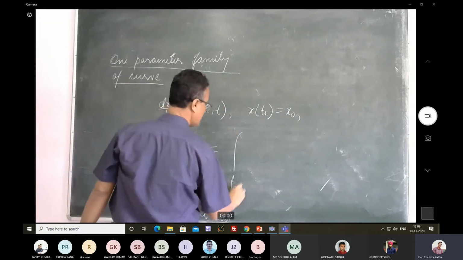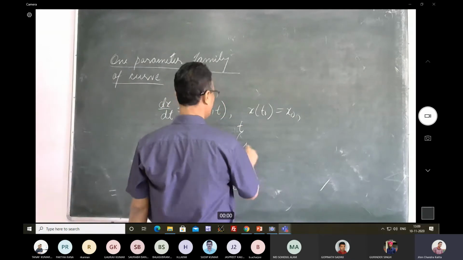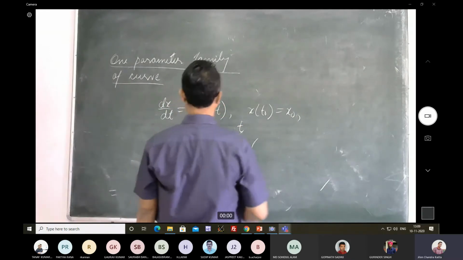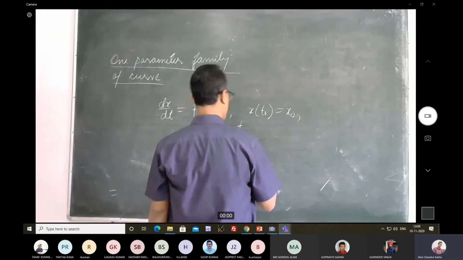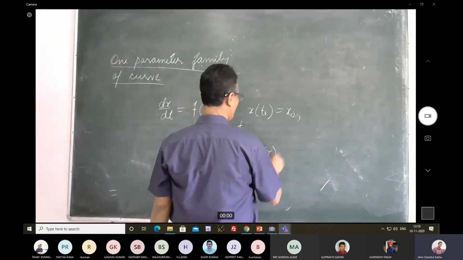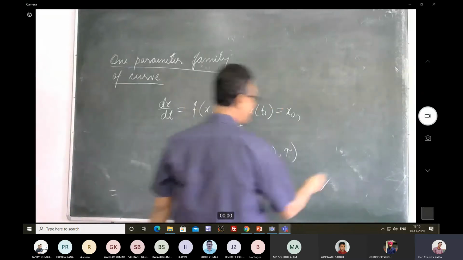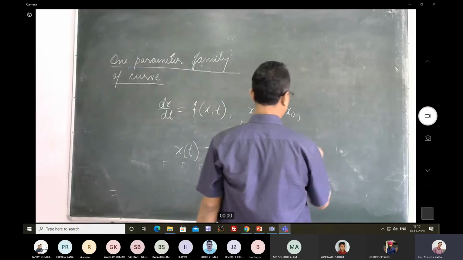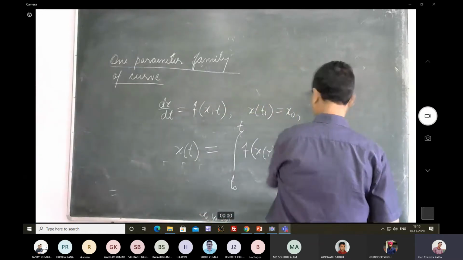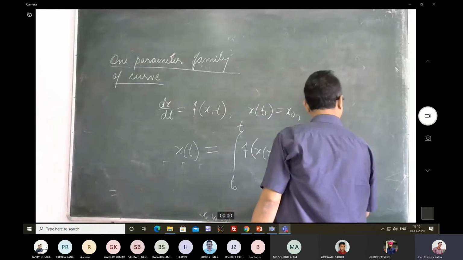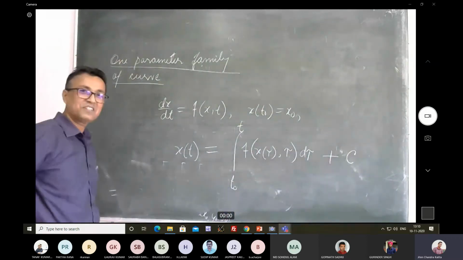This can be written as an integral equation from t0 to t of f. Something like this. Is it okay?